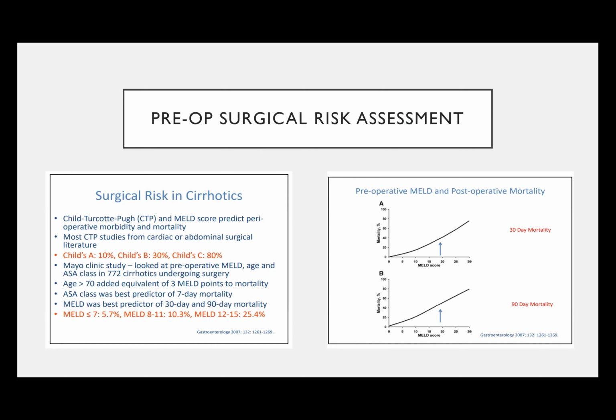But MELD is a good way of predicting 30 and 90-day mortality. ASA also is found to be a good predictor of 7-day mortality. And they also found that elderly patients, which we don't usually use in ASA criteria, also contributed to increased mortality in liver cirrhosis patients.